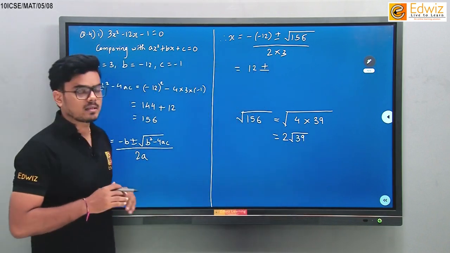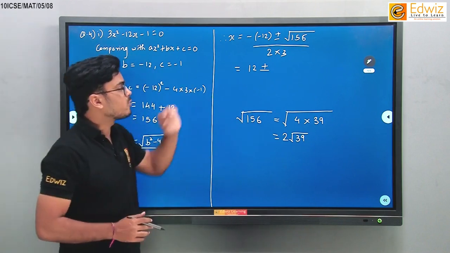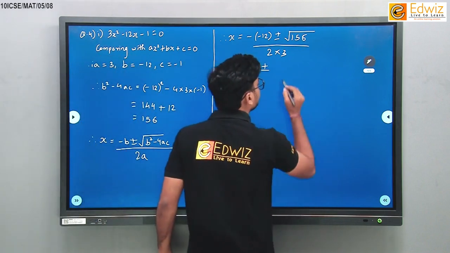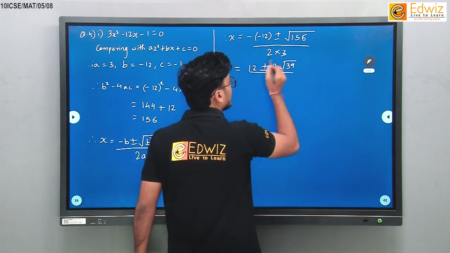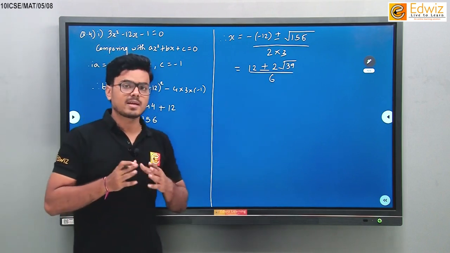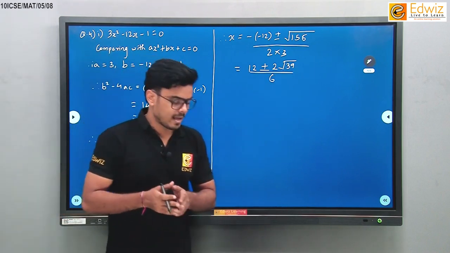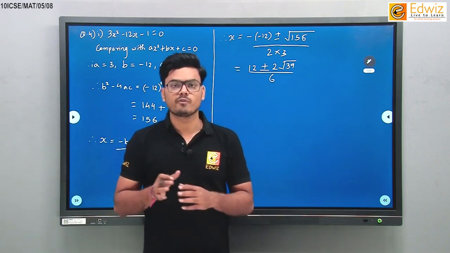Okay, 2 root 39 is equivalent to root 156. So instead of root 156, I can write 2 root 39 divided by 2 3s are 6. Now the value of this root 39 you can easily find out from the table. As you can see, root 39 is 6.245.